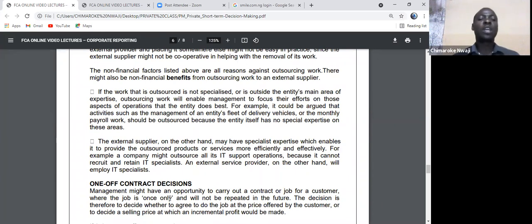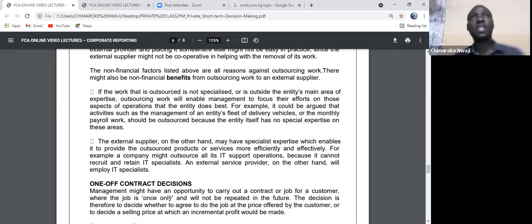For example, a company might outsource all of its IT support to some external company because it cannot recruit and train IT specialists and be paying them huge amounts of money every month. So it might just outsource this to a company for a small fee.